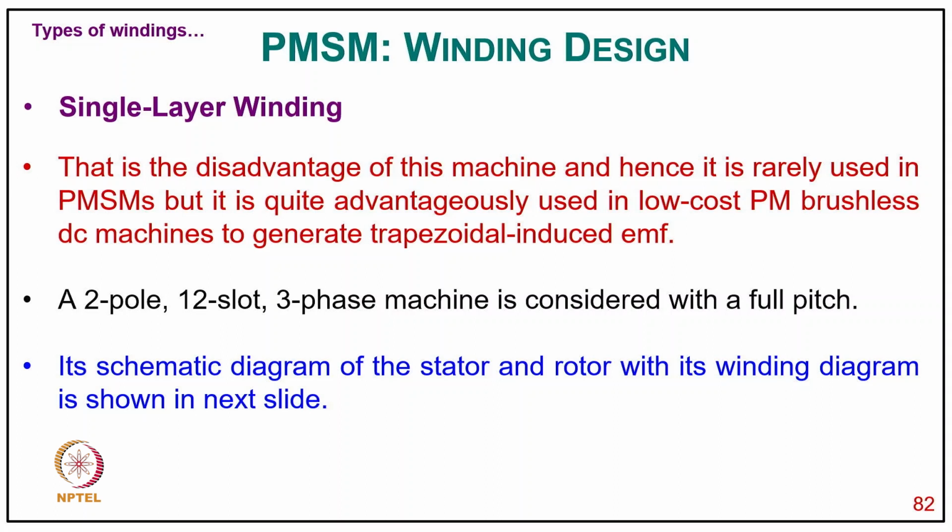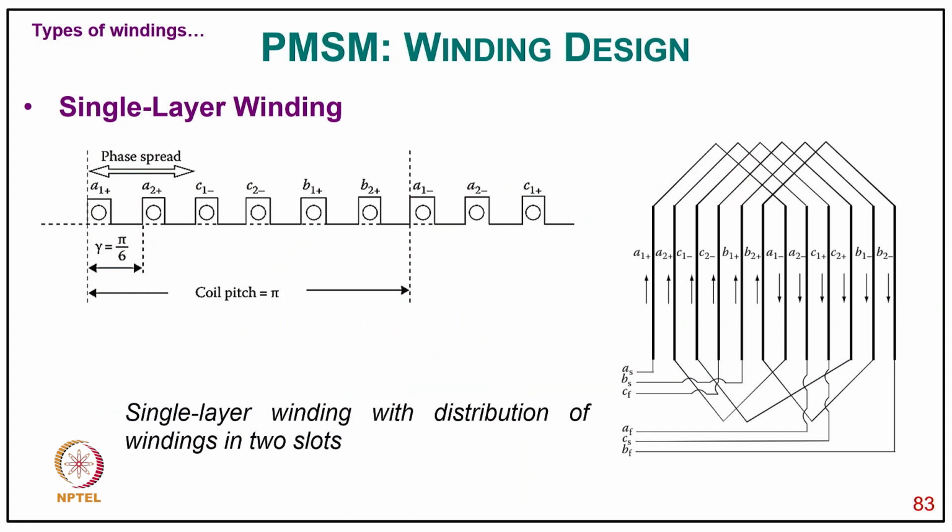A 2-pole 12 slot 3-phase machine is considered with a full pitch, and the schematic diagram of the stator and rotor with its winding diagram is shown in the next slide. You can see here that with the 60-degree phase spread you have 2 coils in one spread of A, then minus C, then B, and then again minus A in the next pole pitch, so the coils are 180 degrees apart.